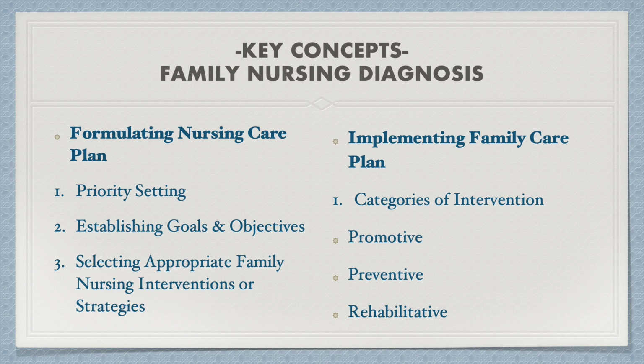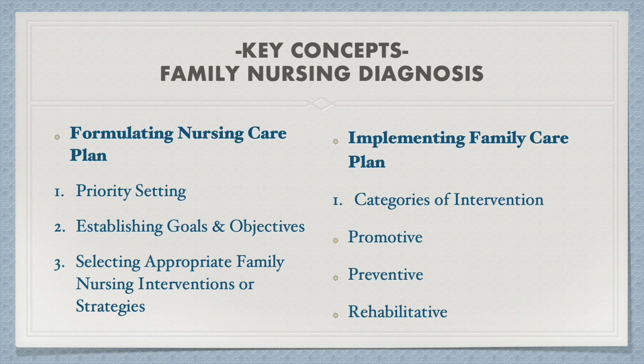Concepts included in this video presentation include formulating the nursing care plan and implementing the family care plan. Formulating the plan of care involves priority setting, establishing goals and objectives, and selecting appropriate family nursing interventions or strategies.